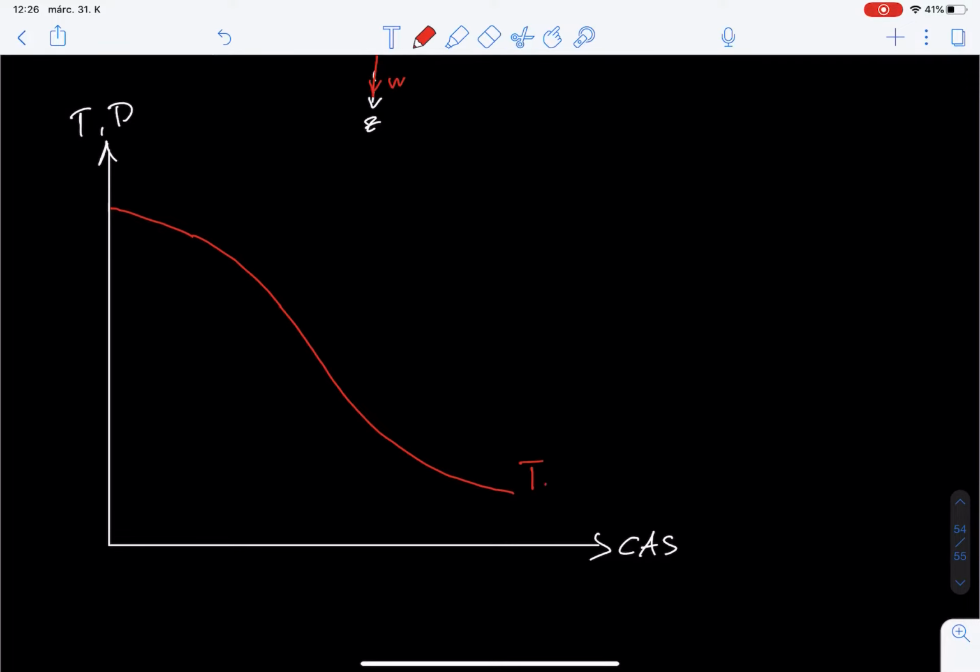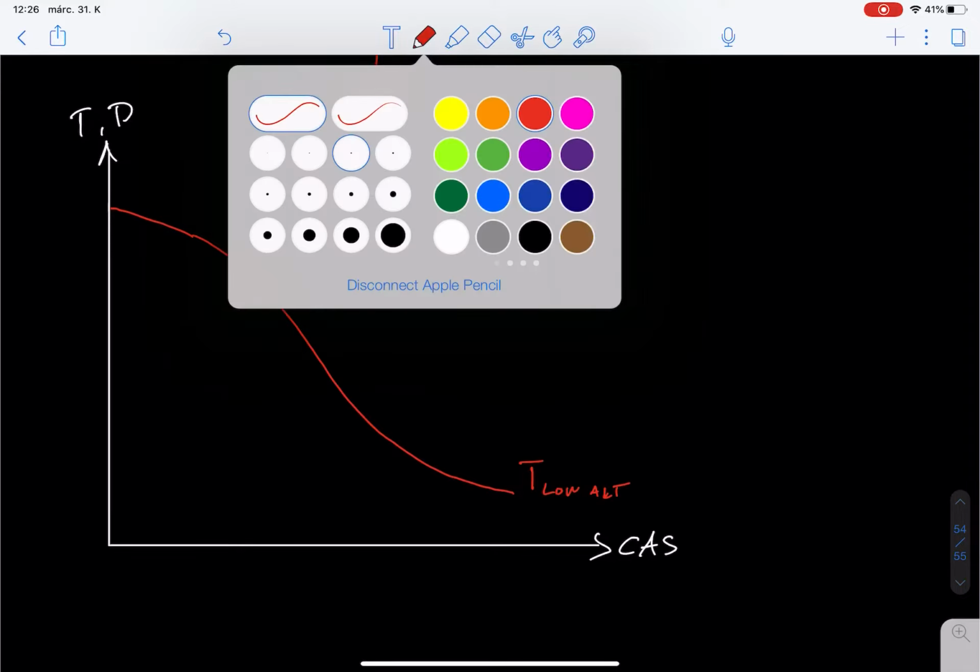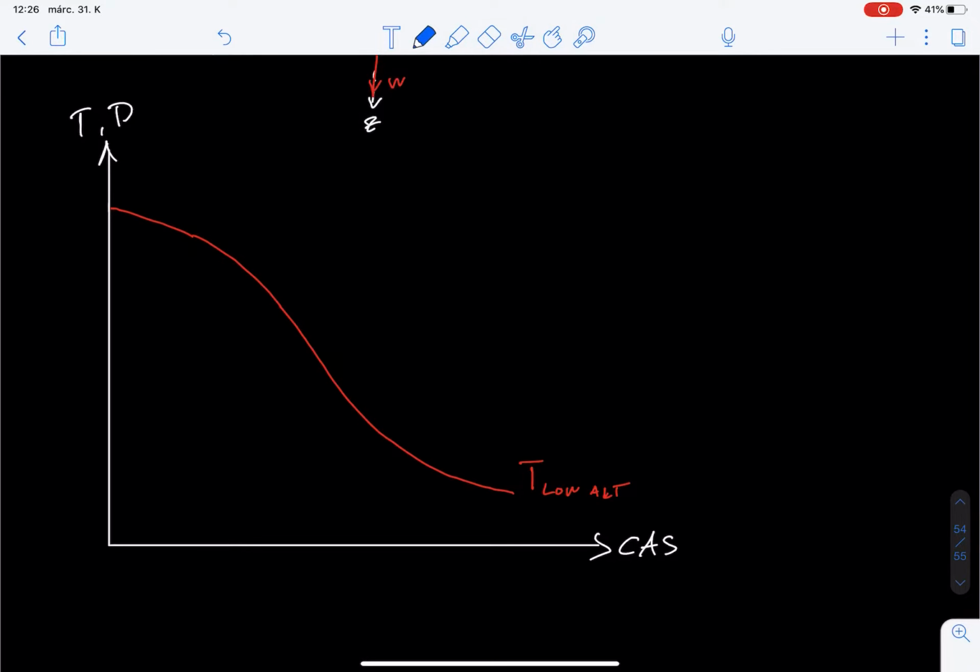So this is your thrust, let's say low altitude. And you're going to have your drag curve, which looks exactly the same as it did for the jet airplane. And of course, here we have the stall speed, below which we don't talk about the drawing.